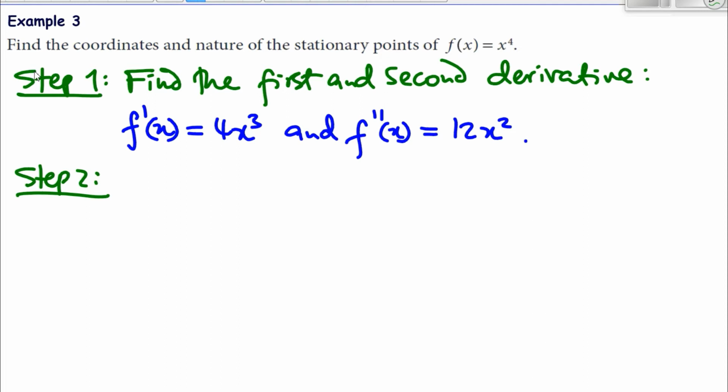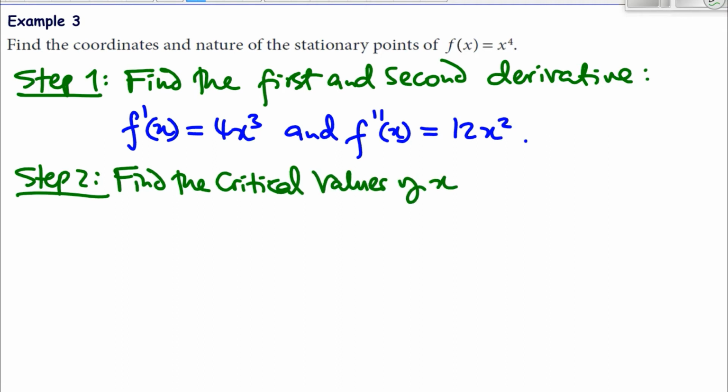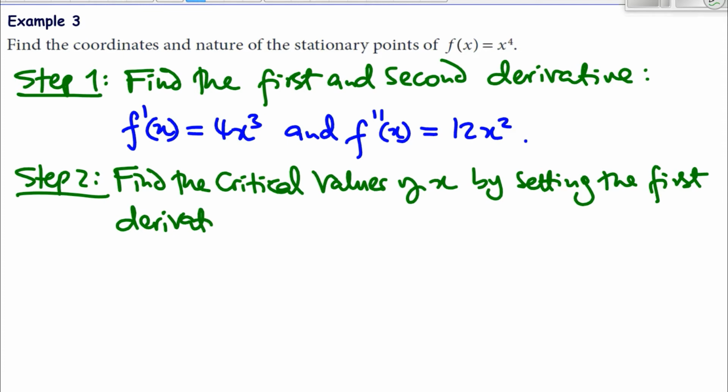We need to find the critical values of x by setting the first derivative equal to 0.